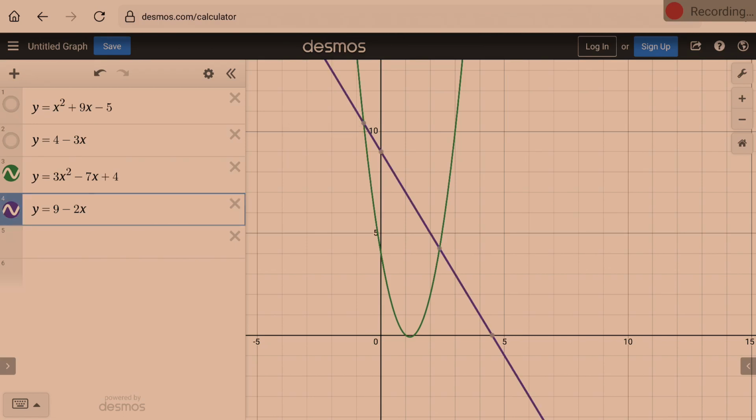Did I put them up at the same time? Here we go. So the negative 0.703 and 10.407, and the 2.370 and 4.260. Okay? So those are 2 points. I'm going to take them back to my other screen.